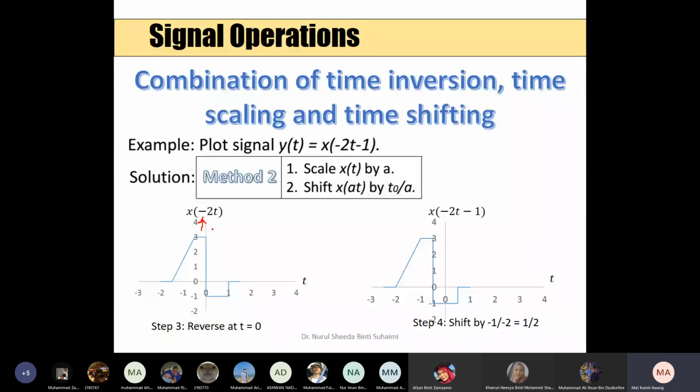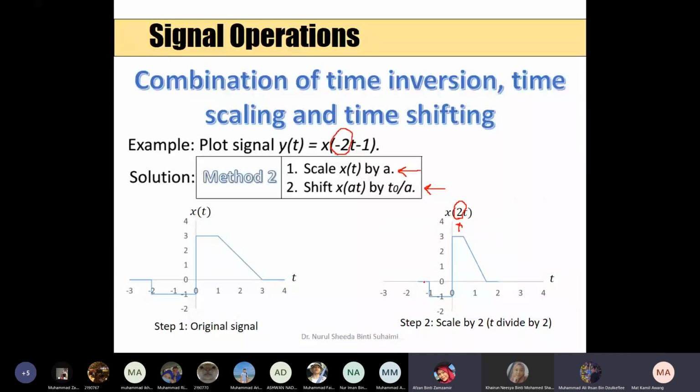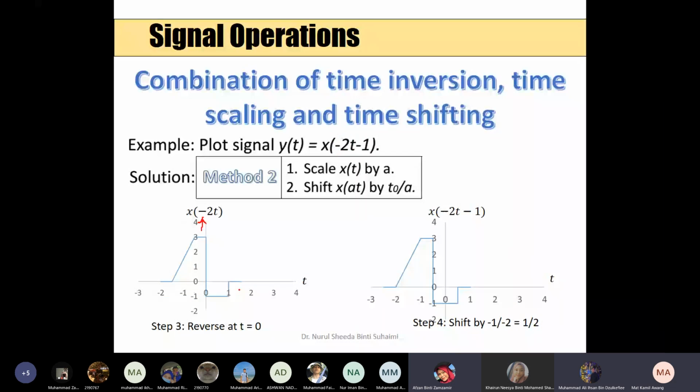The second step is actually the reversal. So from this step it reverses to become this shape with respect to this axis, because of the minus sign. Then it will do the shift. It will shift this by how many? Minus 1 over 2.